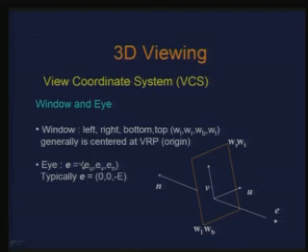So, now the window, which is the extent of the viewing plane or the image plane, can just be defined as the extent in terms of the left extent, the right extent, the bottom extent and the top extent, right. So, WL, WR, WB and WT. So, this is just the extent of the plane, right.